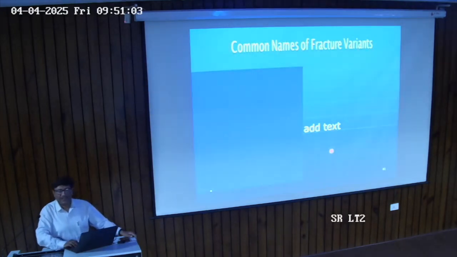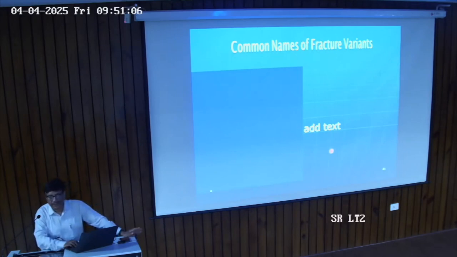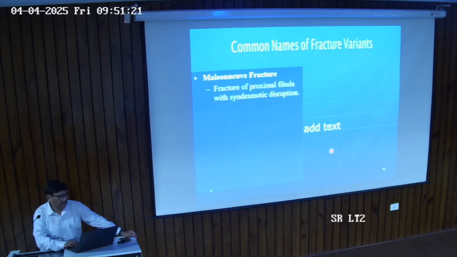Then there are certain common names of fracture pattern variants, just as I told you, Maisonneuve's fractures. This is a pronation external rotation injury, where the fibular fracture is higher up, near the knee joint, just below the knee, at the level of the fibular neck. Then there is Volkmann's fracture. What is that?